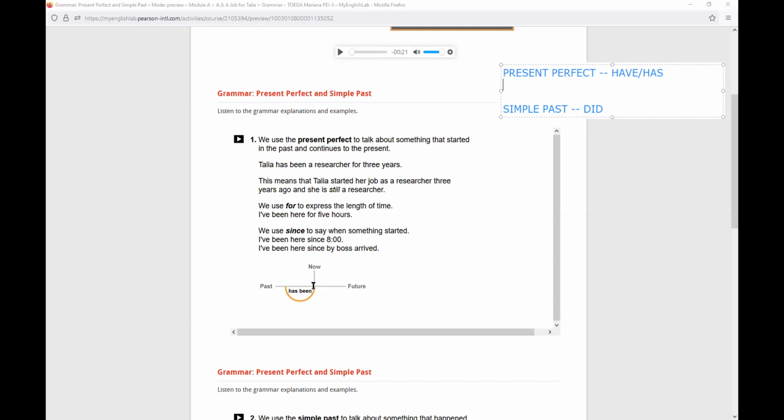No sabemos cuándo va a acabar esa acción. Okay? And the most important, it is in the complement. In the complement, we are going to see always these two words, for or since. Okay, for or since. So we will see these two words, and of course we are going to use the auxiliaries in the sentence.